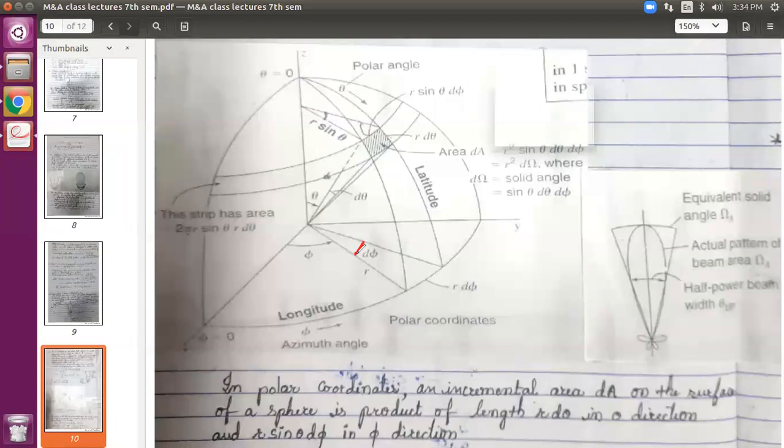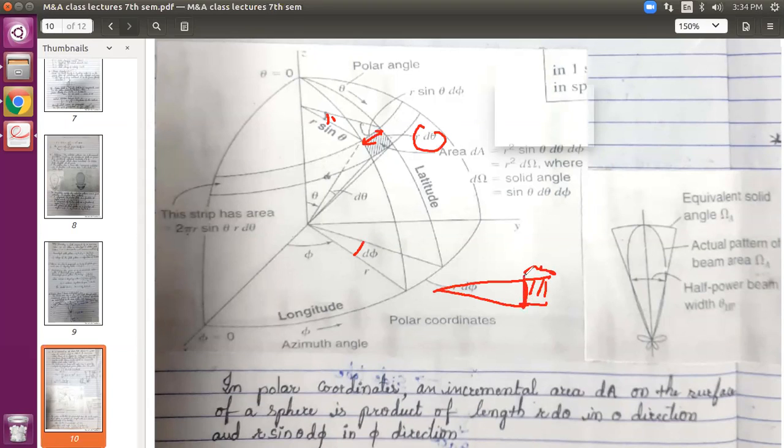This is your d phi. This is your arc. This is your angle. Let me just draw it one more time. This is your arc. Here you have the extended area. This area, just now we have calculated, r d theta.